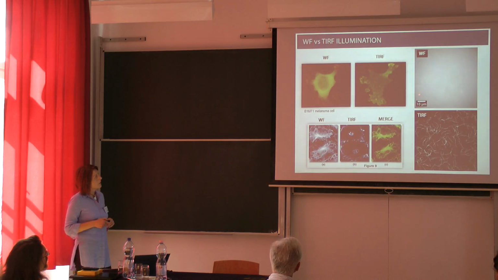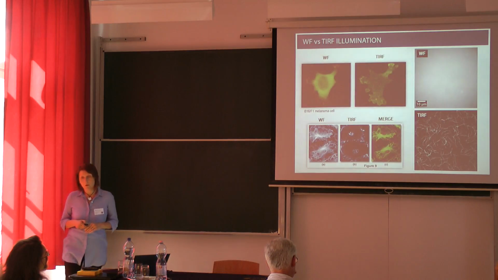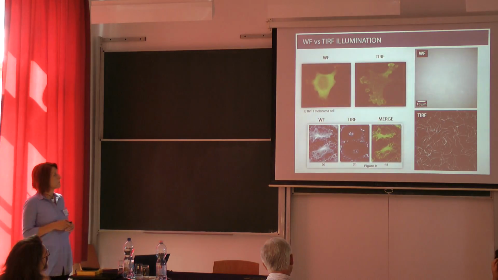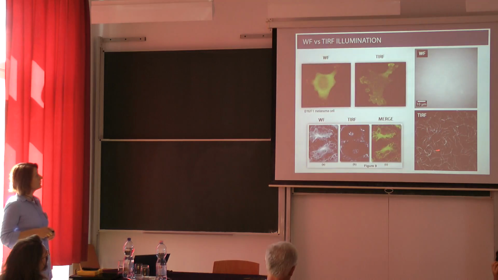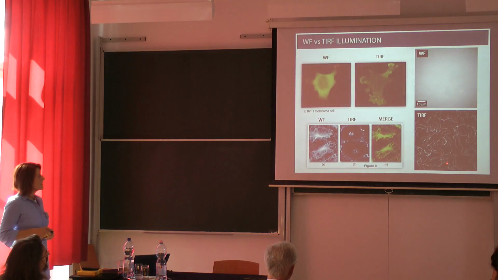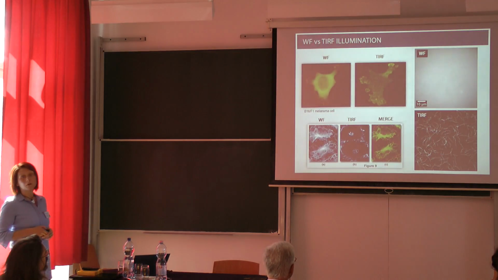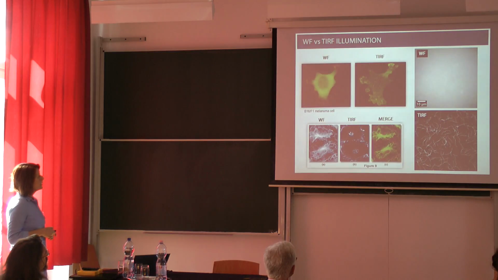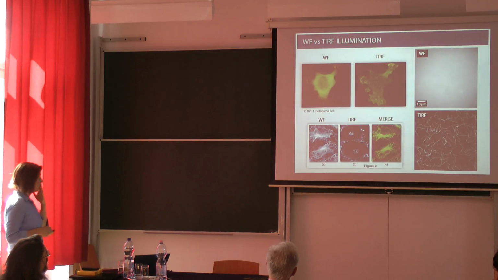Maybe you can see that there are some filaments, but clearly you cannot distinguish individual filaments. However, if you switch from wide field to TIRF illumination, you can nicely resolve individual actin filaments, and that would be the same for microtubules as well.